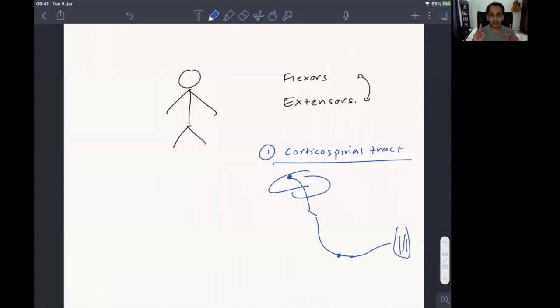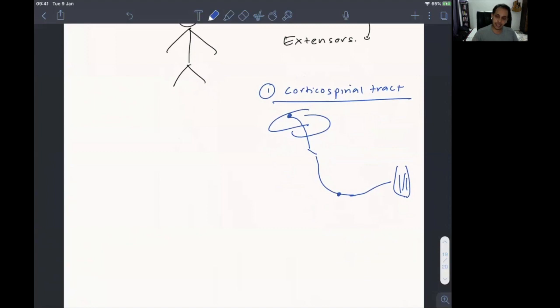But think of how difficult it will be if you have to control all the muscles of your lower legs for walking via your corticospinal tract, because that would mean that you are consciously trying to flex your hip, extend your hip, flex your knee, extend your knee, flex your ankle, extend your ankle continuously all the time. It is not going to be feasible, and somewhere there will be a gap in that pattern.